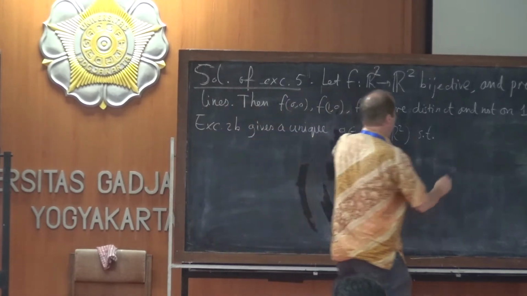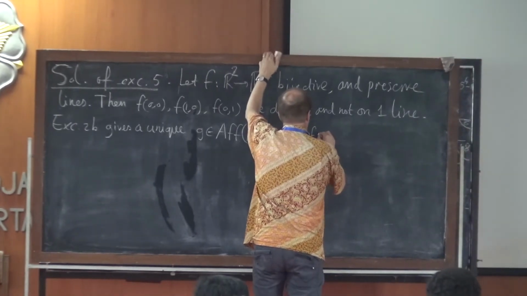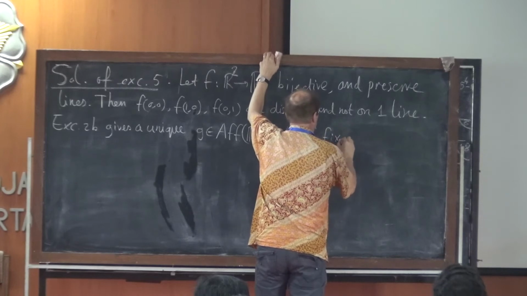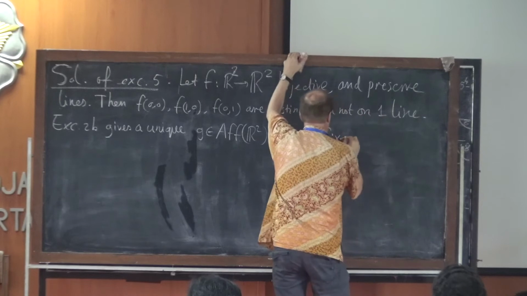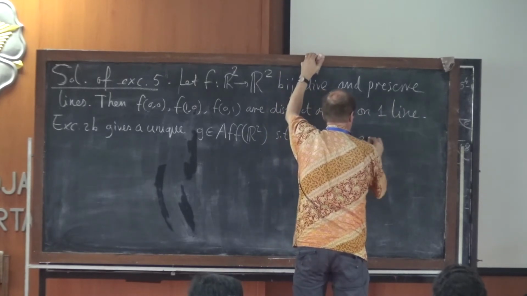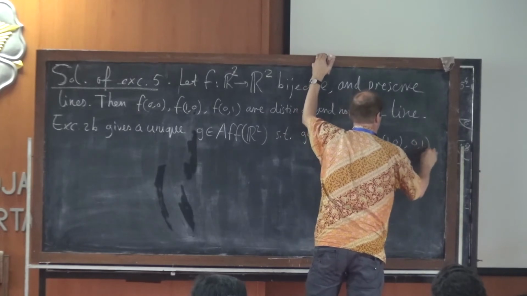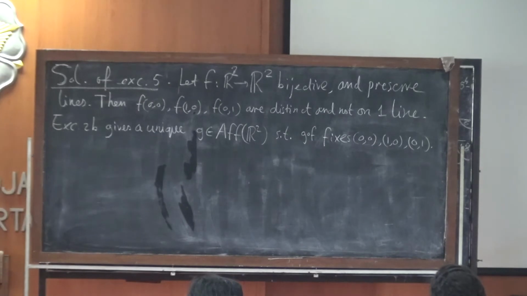So, I can write that, G composed F fixes 0, 0, 1, 0, 0, 1. That is what we get by exercise 2B.